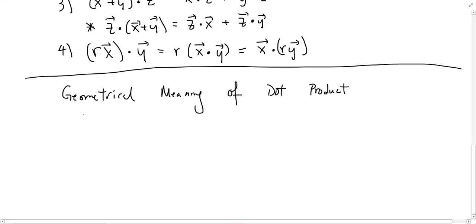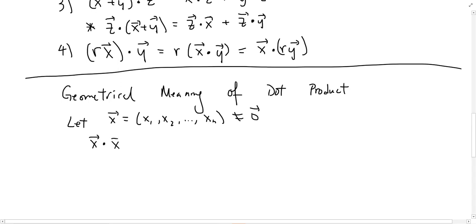Let's say, for instance, suppose I have a vector x, which is x1, x2, dot dot dot, xn. And let's specify that this vector is not the zero vector. Then if I take vector x dot itself, that would be x1, x2, dot dot dot, xn dot product x1, x2, dot dot dot, xn.